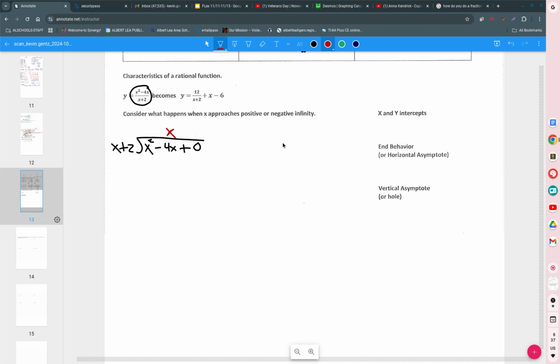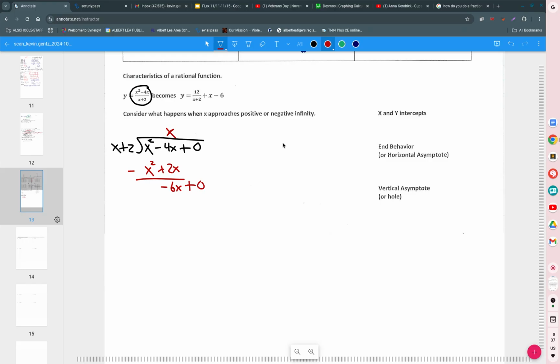We multiply it through and we get x squared plus 2x. And we subtract. What is negative 4x minus 2x? Negative 6x. We drop the plus 0 and we start again.